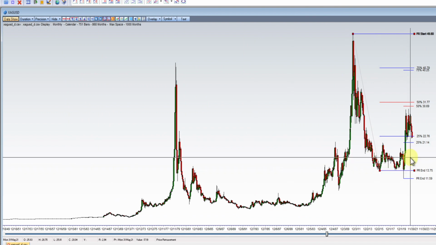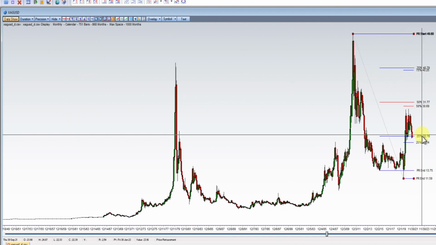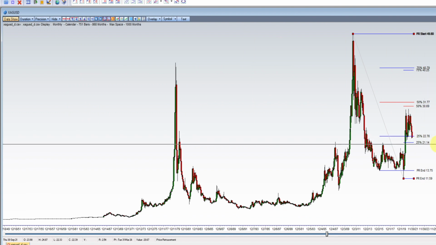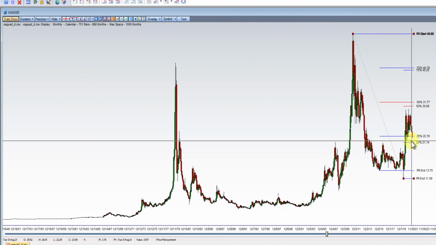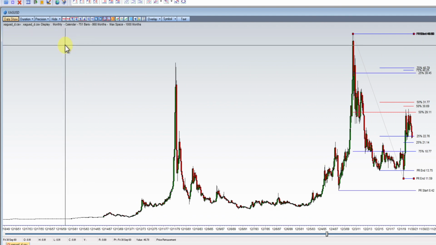Well, I added that one, yeah. So there are two of them then. I have the 22.76 and the 21.14, which would be a nice buying opportunity if it gets down there. I'm just showing you the big levels from these current swings.